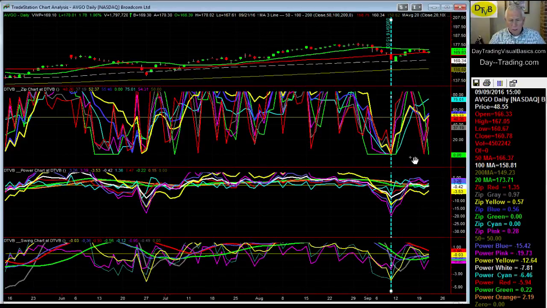But what we also have in the Zip chart is several TOC lower patterns. In other words, the right leg of the TOC pattern is lower than the left leg. And when that occurs at the bottom of a cycle, it generates a spring reaction or a reversal price up reaction.